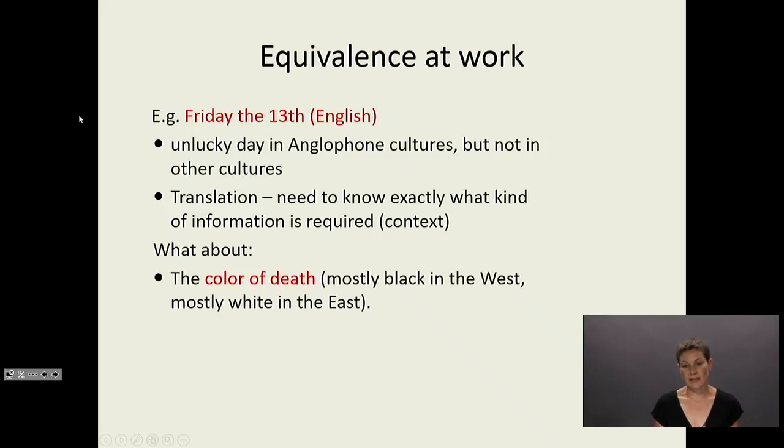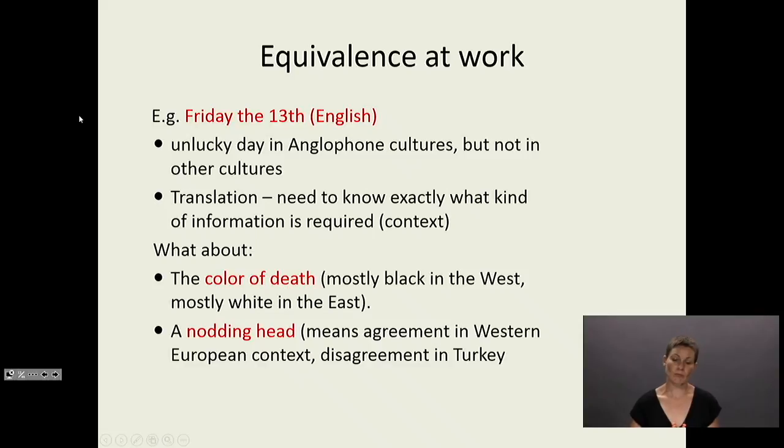Some other examples here: the colour of death, which is mostly black in the West and mostly white in the East. So you can see how the concept which might be used to translate the colour of death in some cultures would actually mean using a different colour, so using a different term. And a nodding head, of course, signals agreement in Western cultures, disagreement in others.